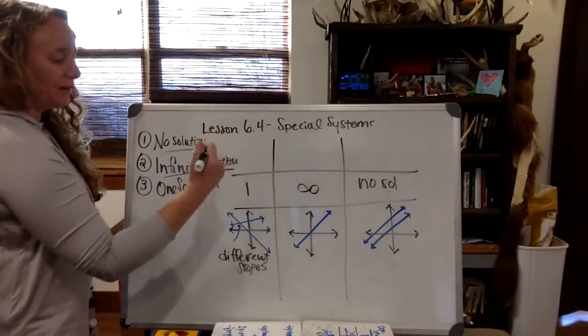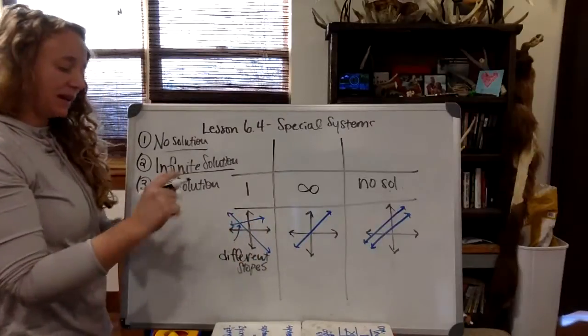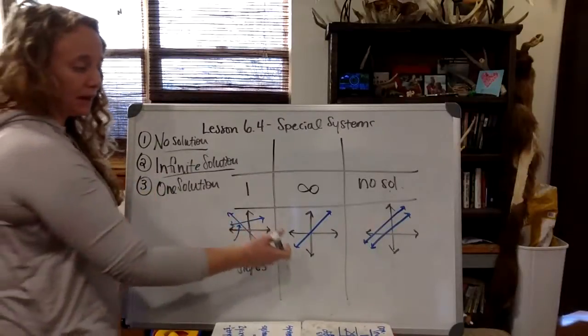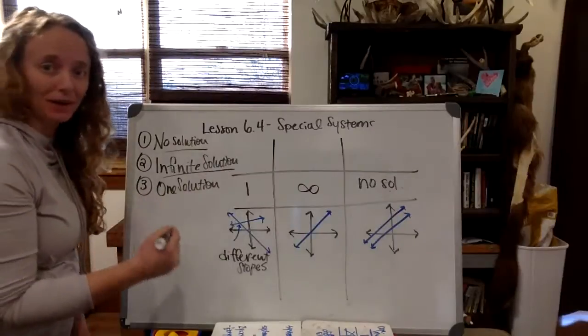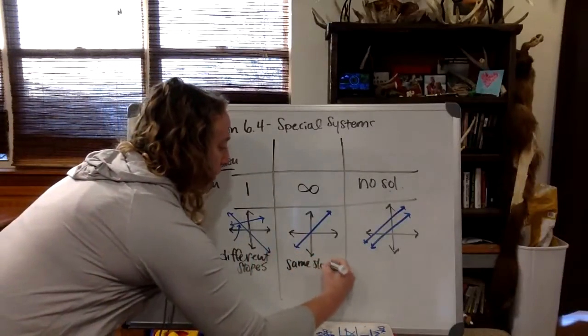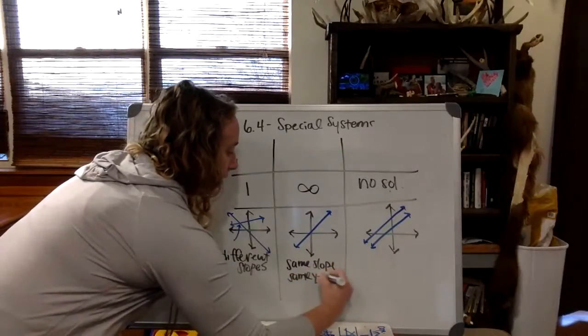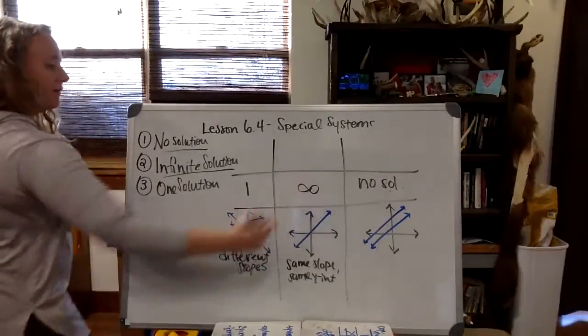This next one for infinite solutions, we need to have the exact same everything. We need to have the same slope and same y-intercept to be able to have a line that essentially is graphed right on top of itself. So same slope, same y-intercept needs to be the same for both of those.